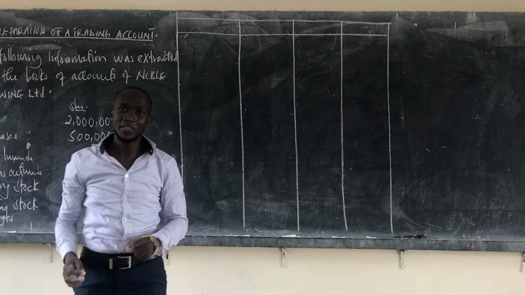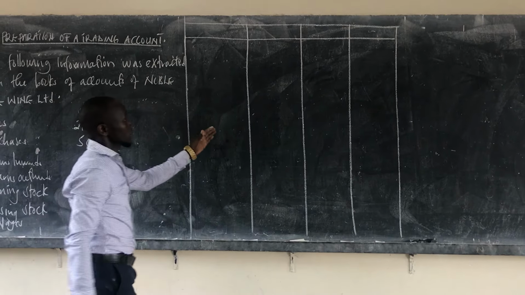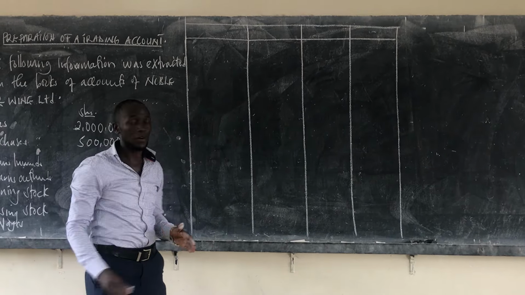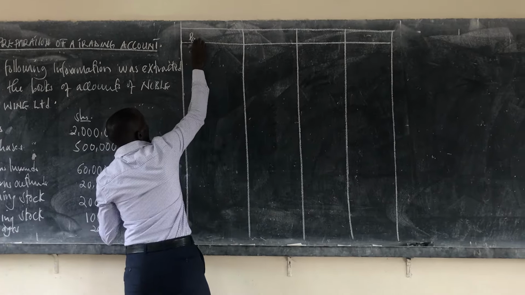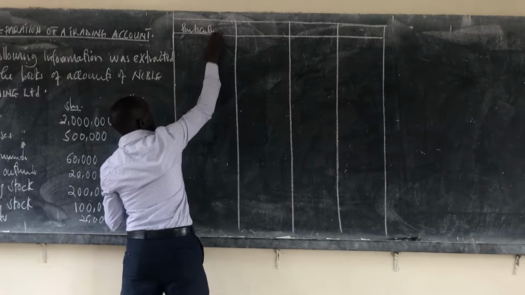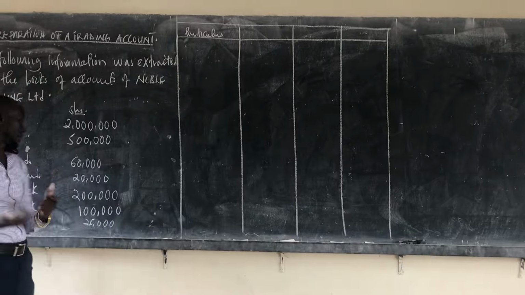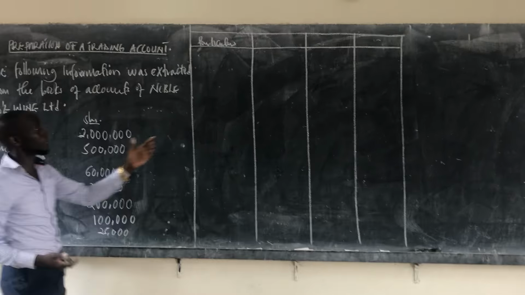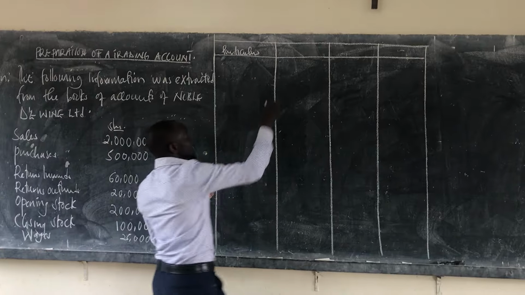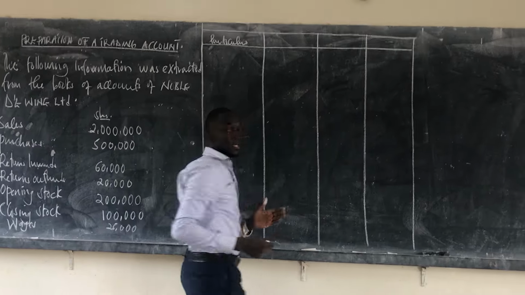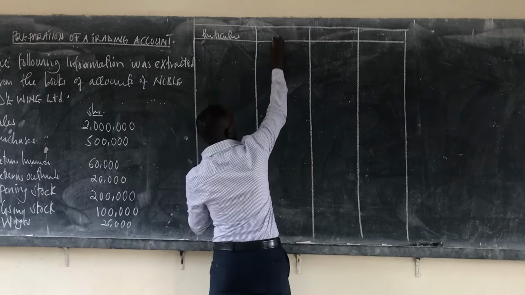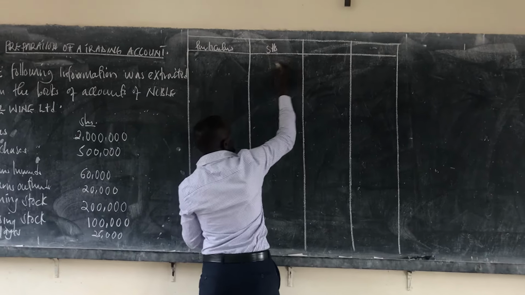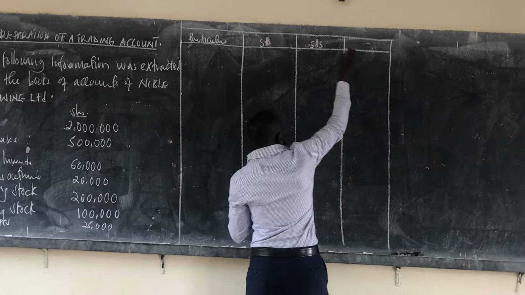From our previous session, you saw that this is the format of a trading account with the columns, this one entertaining the particulars, otherwise the details of the business given to us are put in the first column. The second, third, and the fourth columns are always amounts columns, just amounts columns. So here we have the units, we chose shillings.